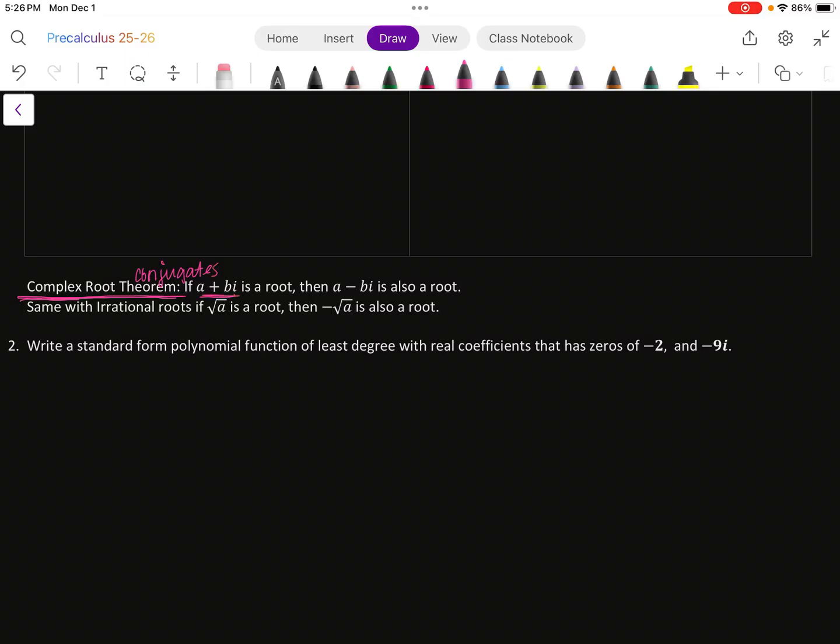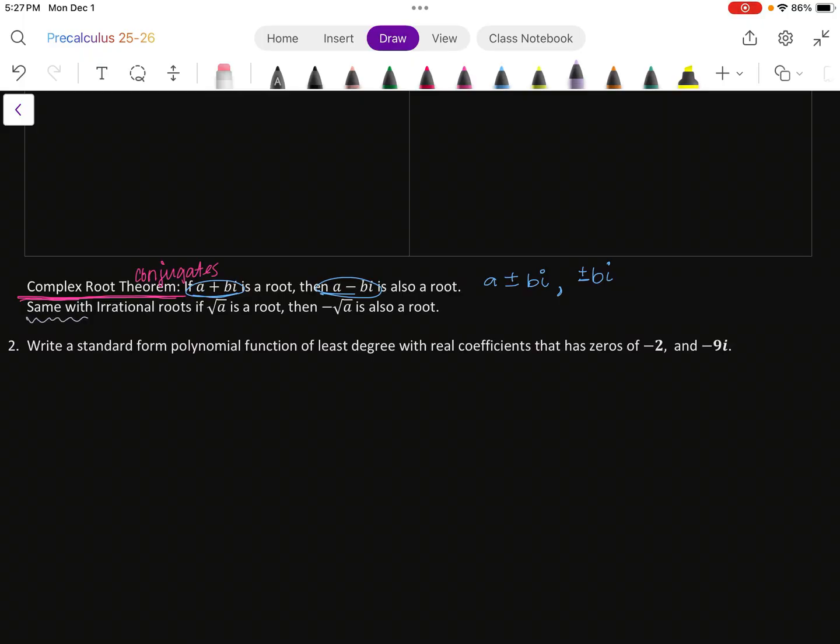This guy and this guy are conjugates of each other. And again, I write it as a plus or minus bi. And today we're going to see a lot of them are just in plus or minus bi form. They're way easier to multiply out. So again, if we see an imaginary solution given, we're going to need its opposite also.